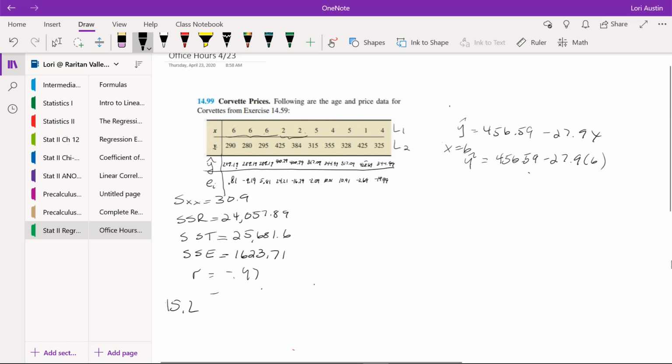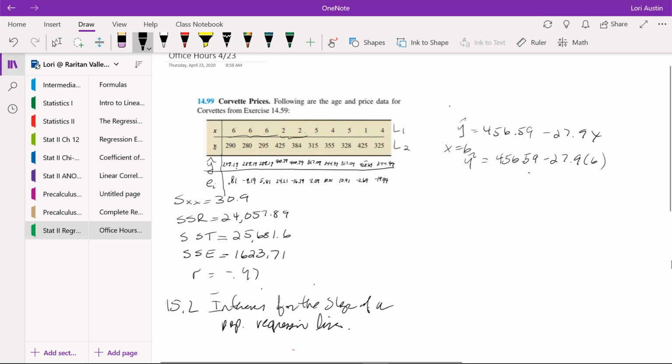But 15.2 has to do with inferences for the slope of the population regression line.